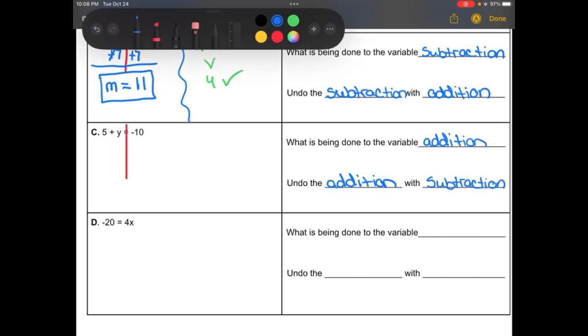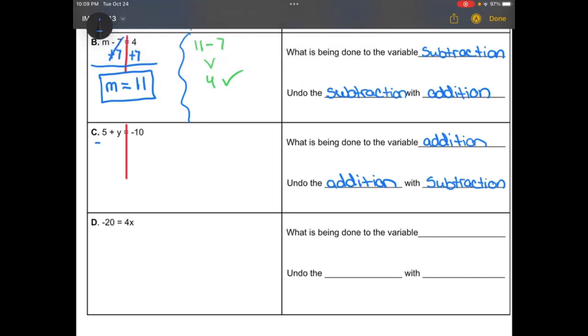Draw my line down the equal sign. And I need to undo what is being done. So I have to subtract 5. 5 is positive, and I need a negative 5 to cancel it out. Back to the golden rule. What you do to one side, you have to do to the other side of the equal sign.